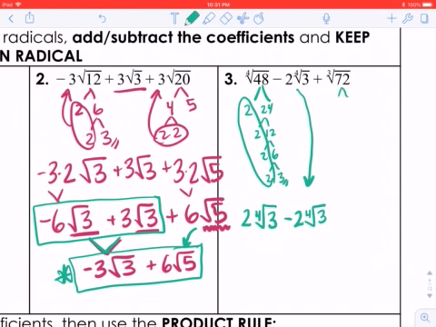And then I'm going to try 72. I get 2 and 36, 2 and 18, 2 and 9, 3 and 3. And I'm looking for cube roots, it says here. So I'm going to take that 2 out. Sets of 3 there.